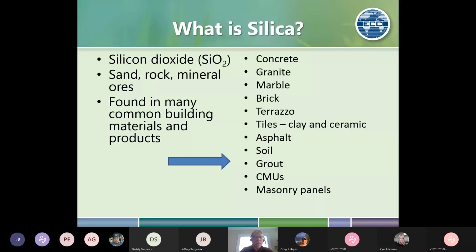It's found in sand, rock, mineral ores, and so it's found in a lot of different common construction materials, building materials, concrete, granite, soil, asphalt, grout, cinder blocks, masonry panels, tiles. All those things will have varying amounts of silica, some pretty significant, like up to 20, 25% will be silica.